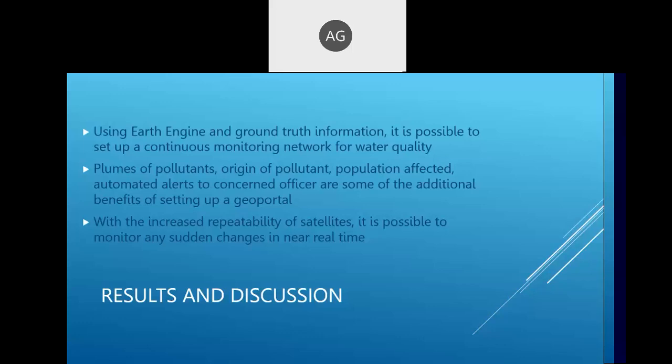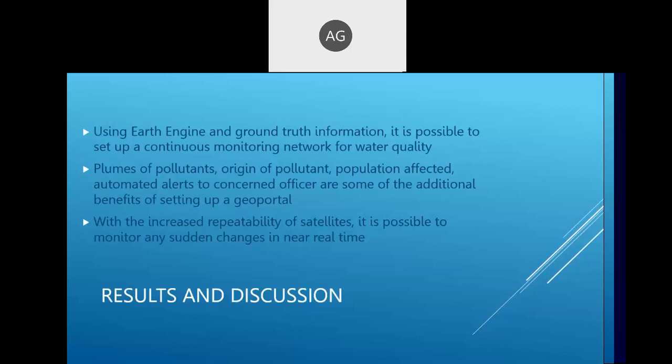So for a state, at a centralized location, you can have a portal where officers can sign in according to their position. They can view within their jurisdiction the water quality of every water body, because we have 10-meter resolution data here. And then they can take action. They can be notified within their area which are the most polluted lakes, and all of this is in real time.